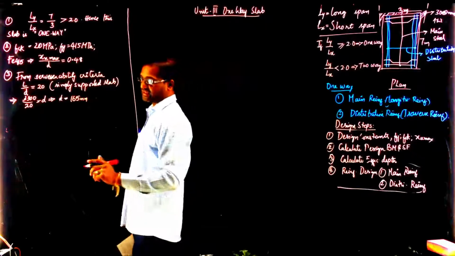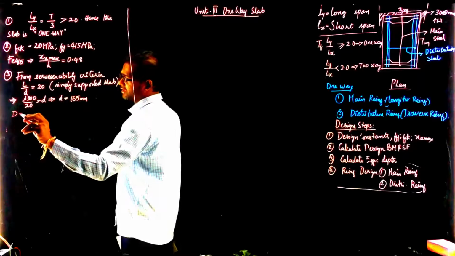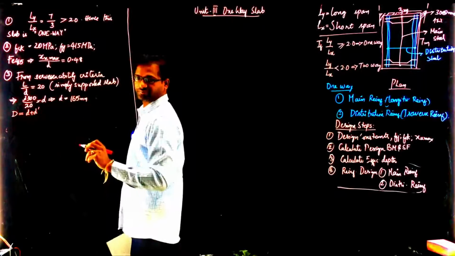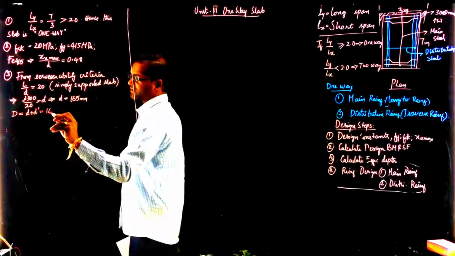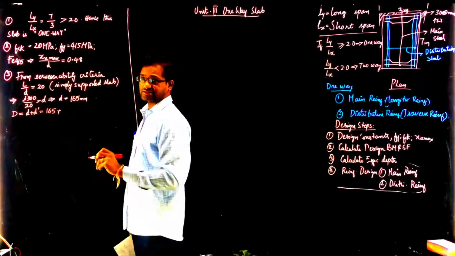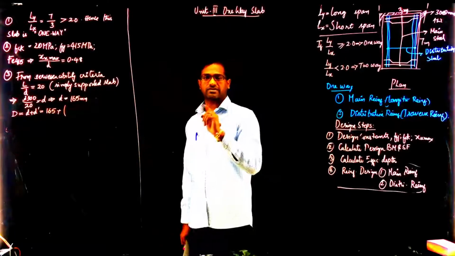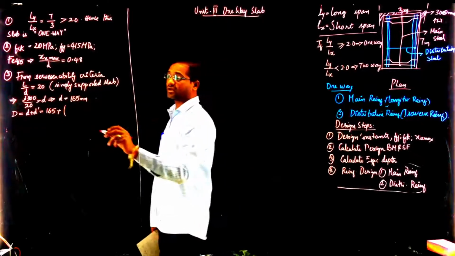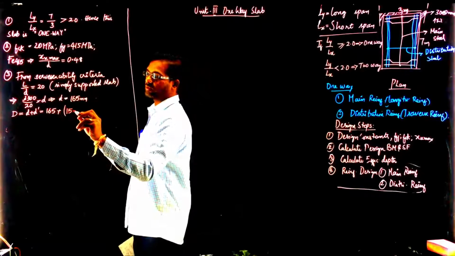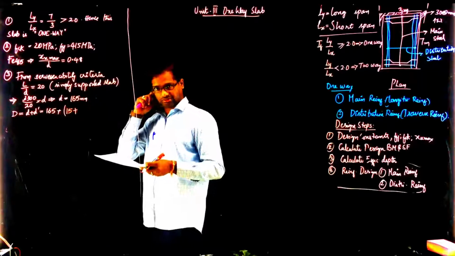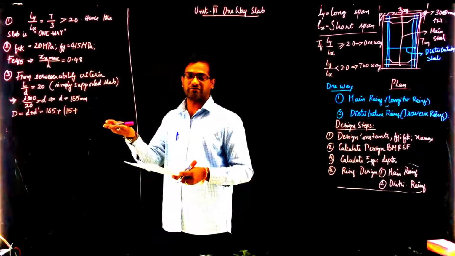If you know this D, then you can calculate the overall depth as D plus D dash. D is given by 165. D dash: normally for beams 25 mm clear cover is taken, but for slab the clear cover is normally 15 mm only, plus you take the diameter by 2 because there is no shear reinforcement here.